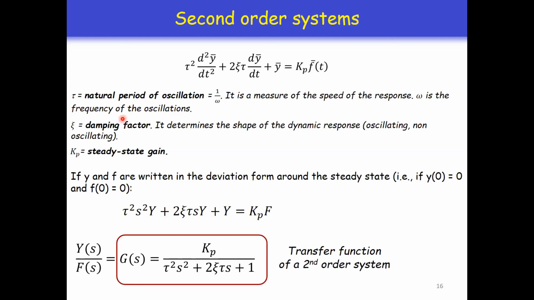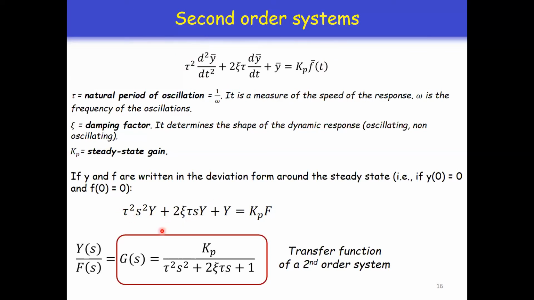Now, let's go ahead and find the general transfer function for a second order system. Follow my cursor. The starting point is the initial differential equation. Is this linear? Yes. Is it written in the deviation variable form? Yes. So we can transform directly.